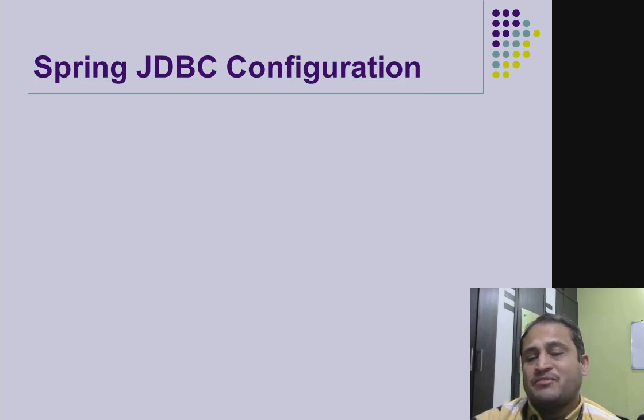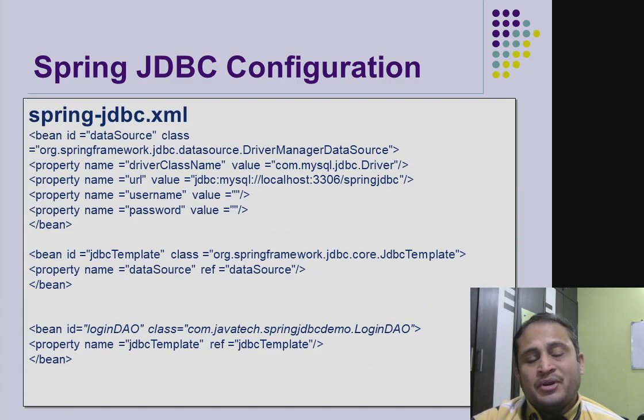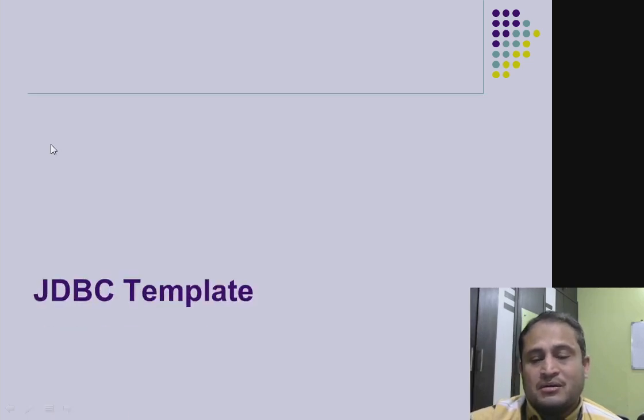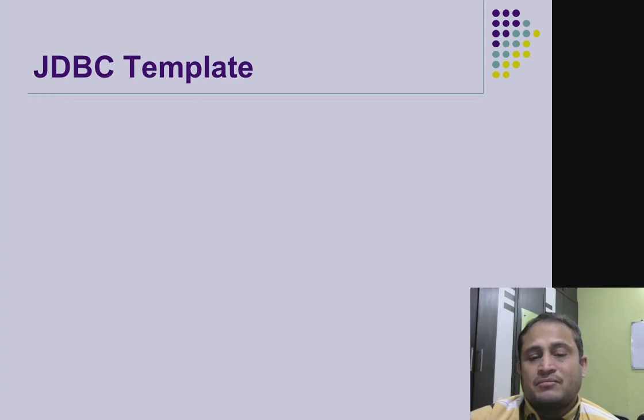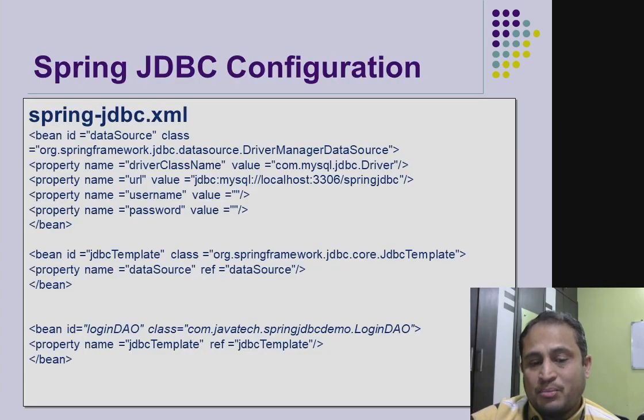What is Spring JDBC configuration, and how can you do the configuration in order to get the features of Spring JDBC? You need to configure a Spring JDBC XML. You can give it any name, but there should be some configuration file where you mention properties like the driver class name, the URL you need to connect to the database, and the username and password, in order to establish the connection only once.